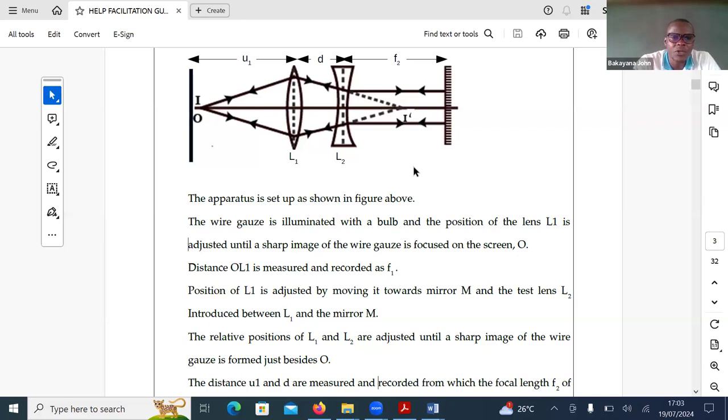It can be calculated from V1 minus D. Now the question is, which one is V1? You remember how we got the first position of the image without a concave lens, where we adjusted the convex lens until a sharp image was formed.